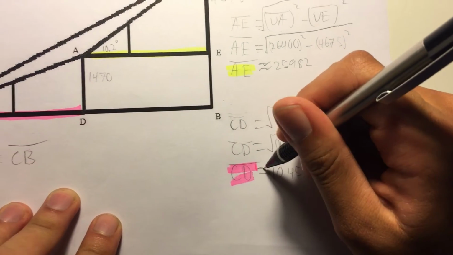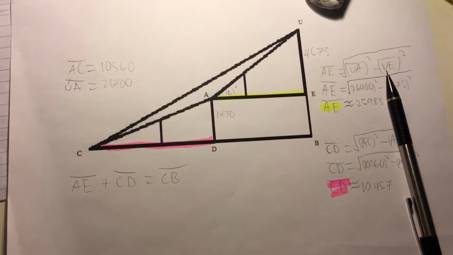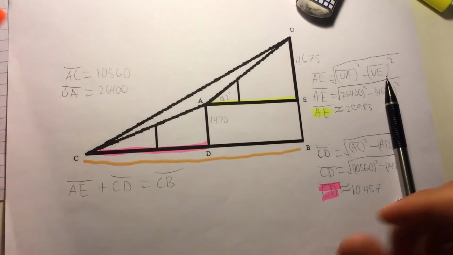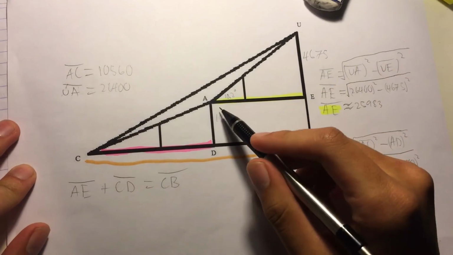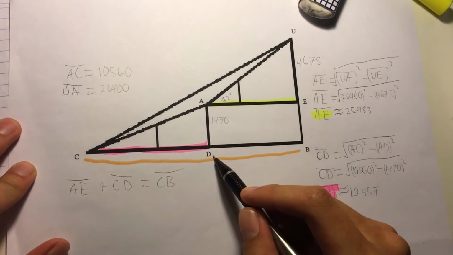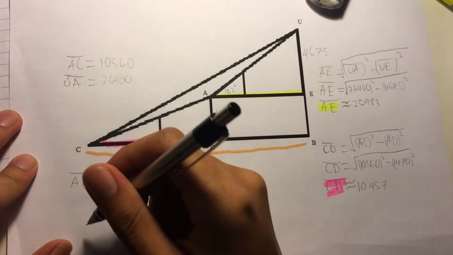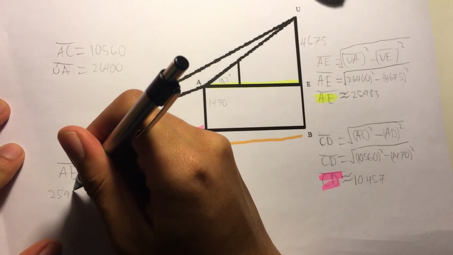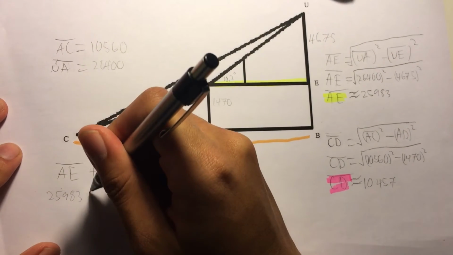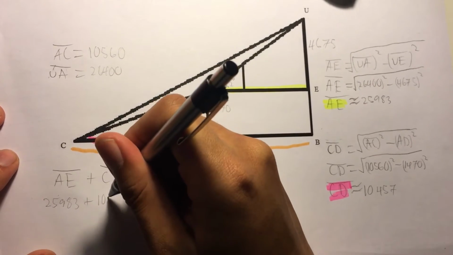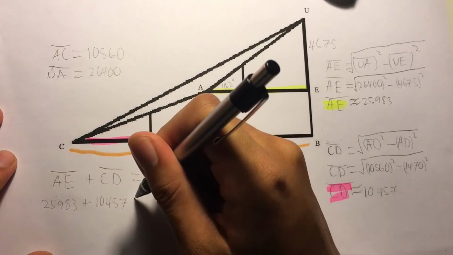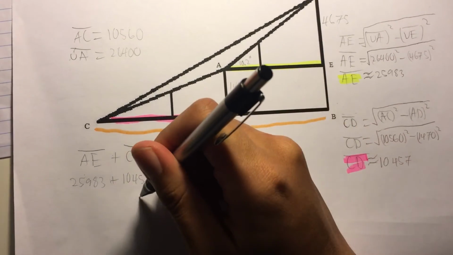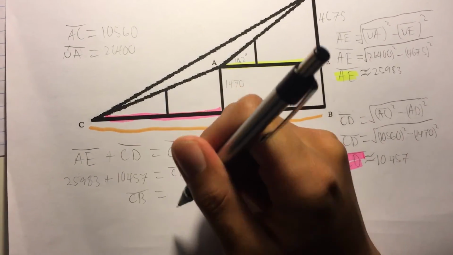Yeah, roughly. Well, now we need to find the value of CB, right? So we'll find that by adding up the length of AE and the length of CD. So we'll get 25,983 plus 10,457, and that's going to give us CB.